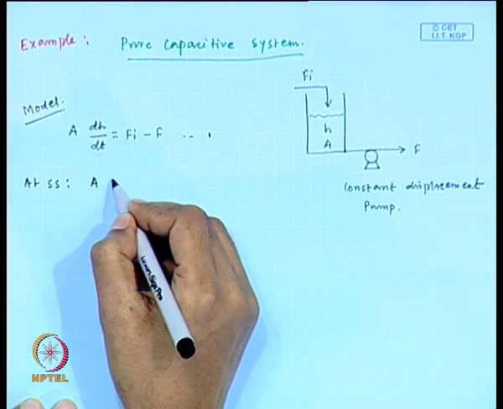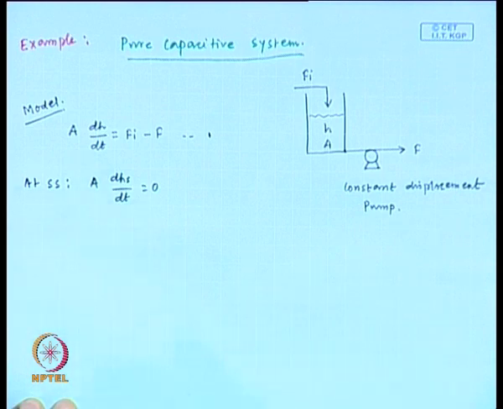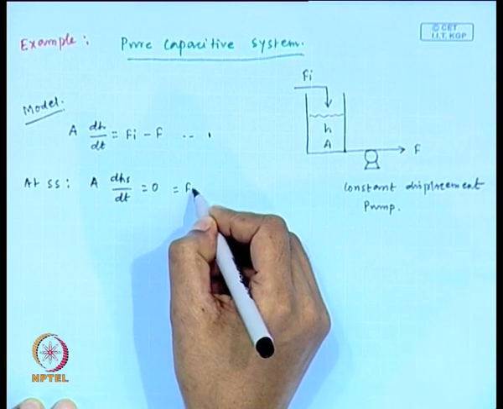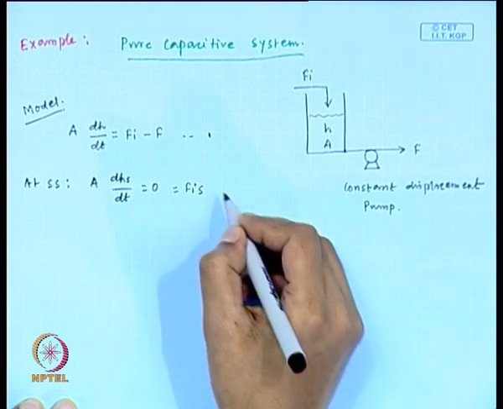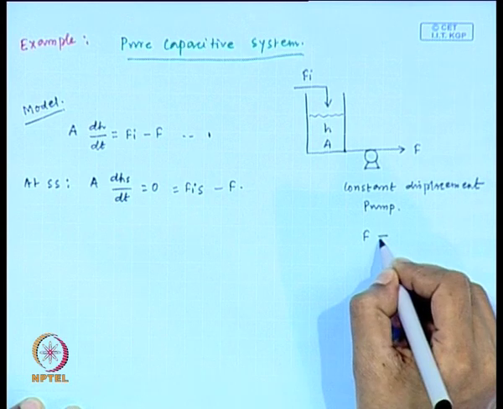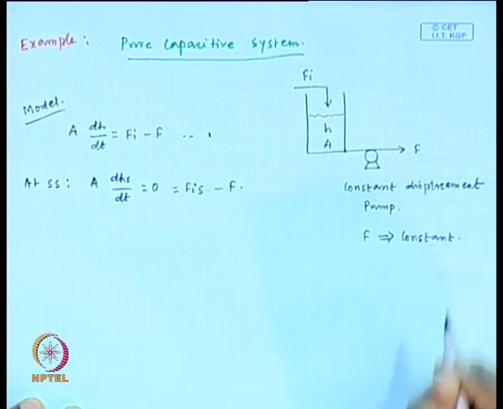At steady state we get dHs/dt, which is nothing but 0, equal to F(i)s minus F. I told that for the case of a constant displacement pump, F is a constant, or F remains constant.